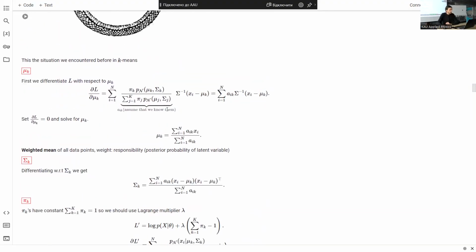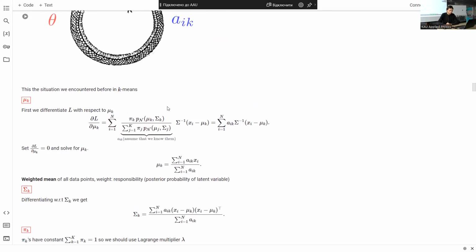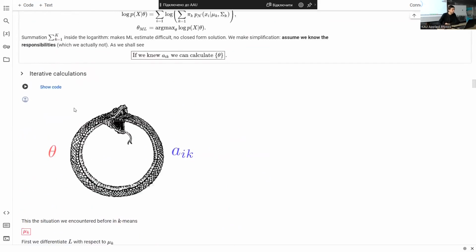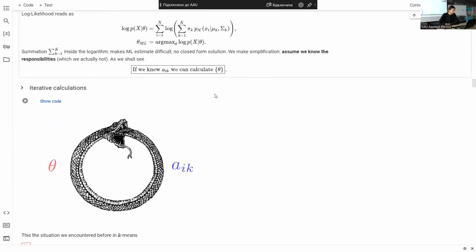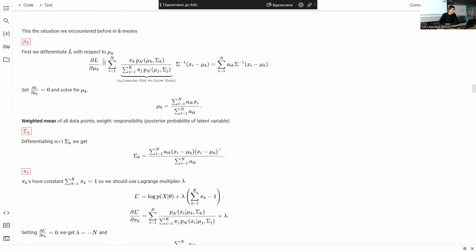Okay, so how do we do that update? Here is the case. We have our likelihood L, and we are trying to take all those derivatives. I don't think I will get into the details of doing that, because you can take those derivatives on your own.